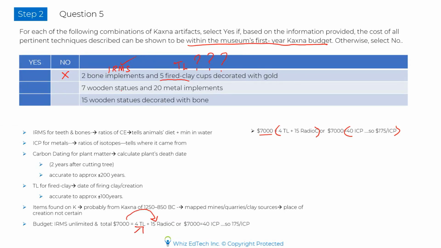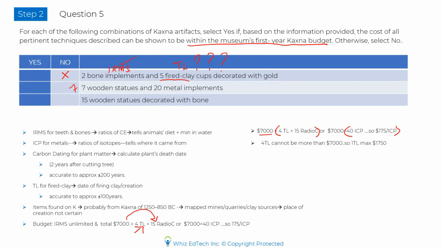7 wooden statues. 7 wooden statues means 7 radiocarbon dating. We need 7 radiocarbon dating. And 20 metal implements. That means 20 ICPs. Now let's see. We know the cost of one ICP, right?